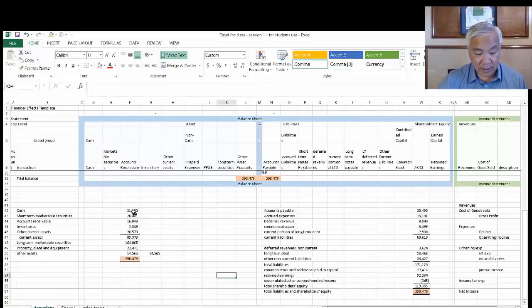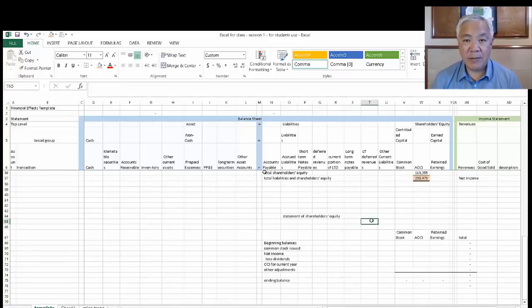We can see that current assets equals this, long-term assets lead to total assets of that. On the liability side, we have current liabilities, we have long-term liabilities for a total liability of 171, and we have these three elements of equity equals 119. 171 plus 119 is 290. We are in balance.